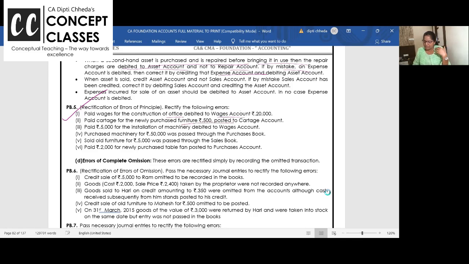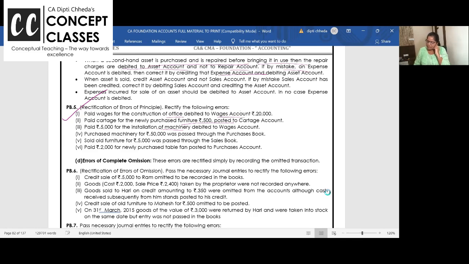Okay? 5,000 paid for installation of machinery debited to wages account. Now, if you have paid installation of machinery, these wages should be debited to machinery. By mistake, you debited to wages. So, credit the wages. Debit the machinery.